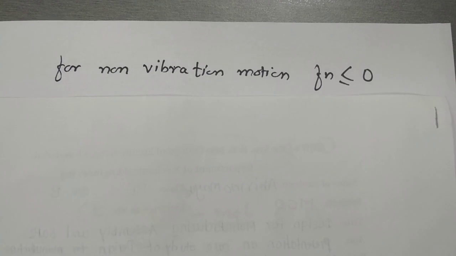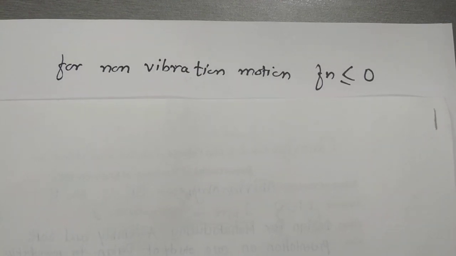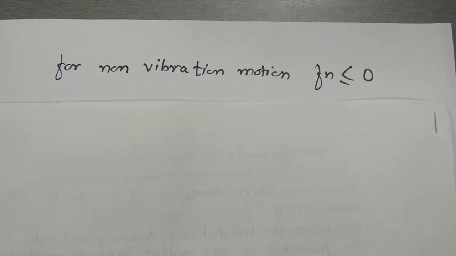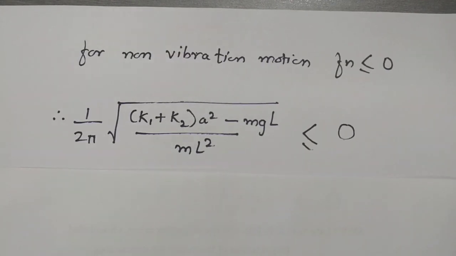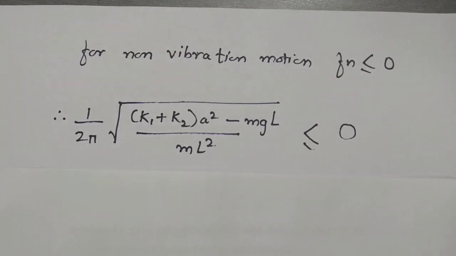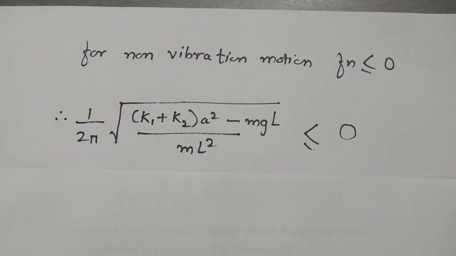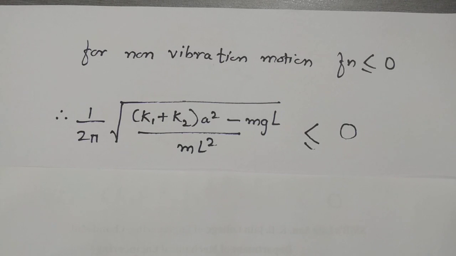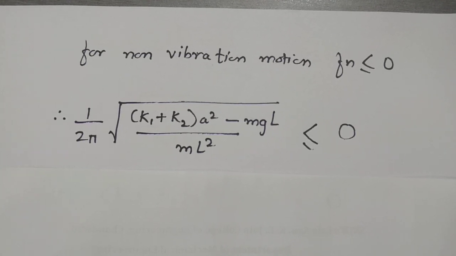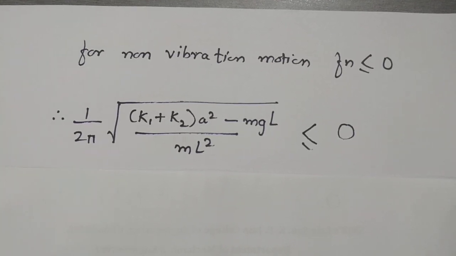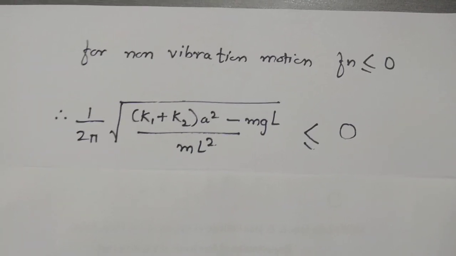So Fn is 1 upon 2 pi times the square root of ((k1 plus k2) a square minus mgL) divided by mL square, less than or equal to 0.